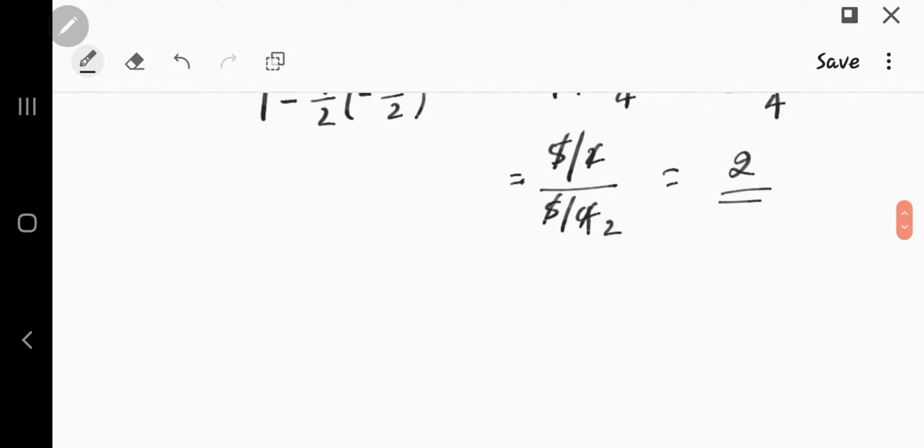That will give you 2 as the answer for K1.